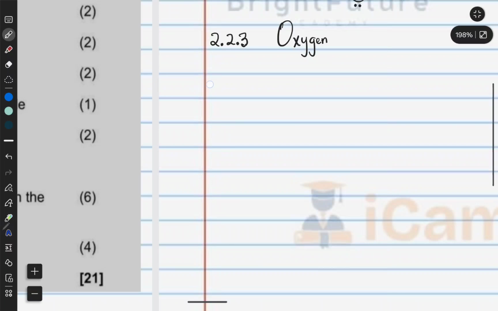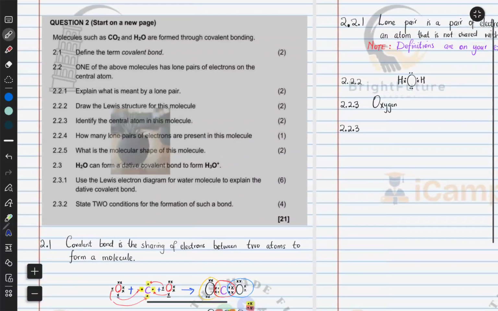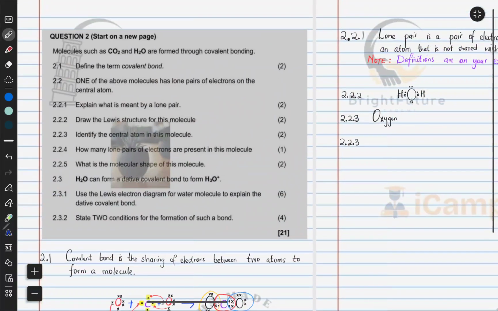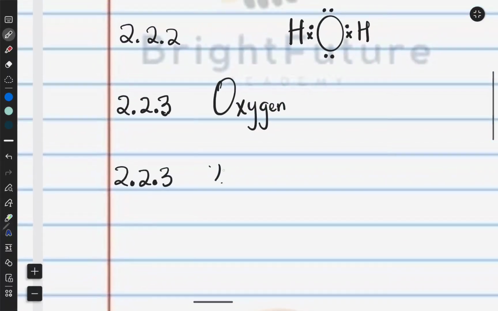Okay, this exam was interesting. If you didn't know what lone pairs are, you are not going to get this question right. So we counted how many? 1, 2 lone pairs in oxygen, right? So it has 2. We just write 2 lone pairs.